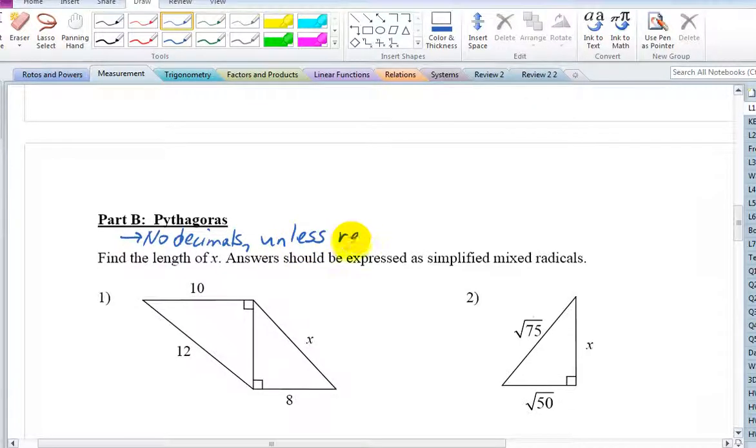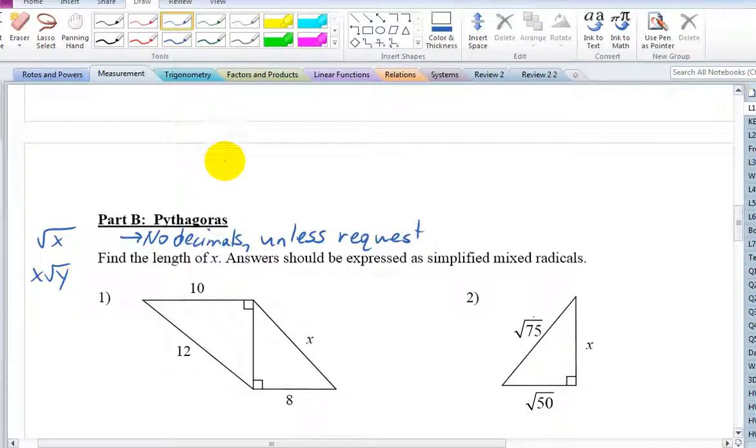So unless requested, you're going to leave it as a square root or maybe like x root y, as a radical. So no more decimals. Decimals are just an approximation, whereas leaving it in this other format that we just learned is an exact value.